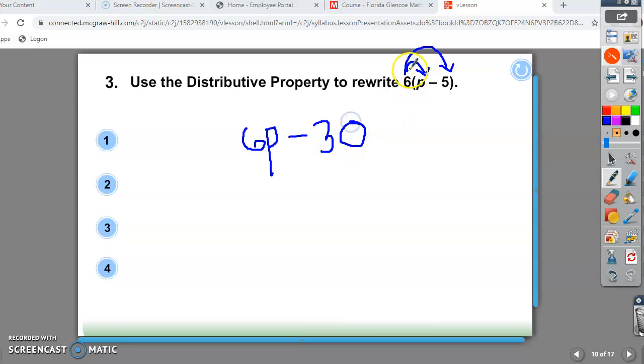Now, let's talk a little bit about that minus sign. Remember that I always told you to treat that minus sign as a negative sign. Whether you treat it as a minus sign or a negative sign, you're going to end up with the same answer regardless. So think about if you were to say, well, this is a negative 5, because the sign of a number is always in front of that number, right? In this case, we can also say if this was to be a -5, that means that I will be multiplying 6 times -5, which turns out that a negative times a positive becomes a negative.